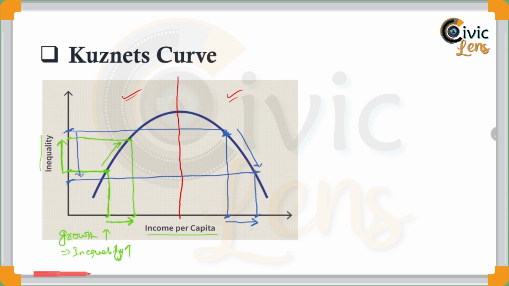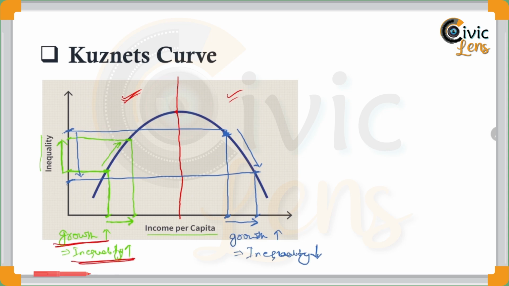So what is the finding in this part of graph? Here, when growth increases, inequality is actually decreasing, right? So the overall finding of this Kuznets curve is that in this part of graph, with the growth, inequality is increasing, right?